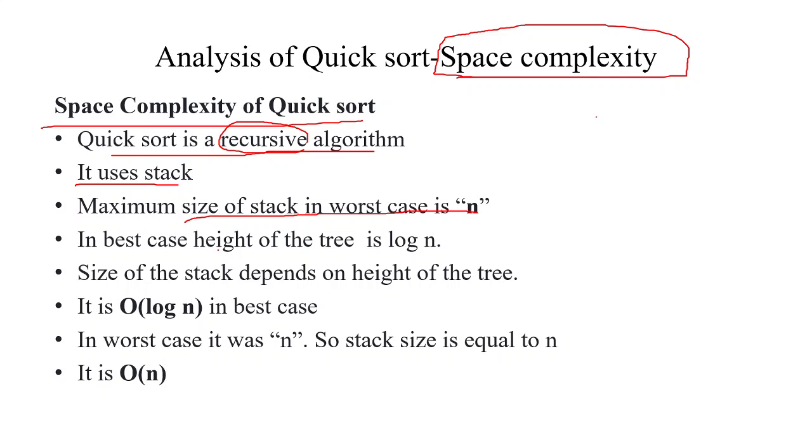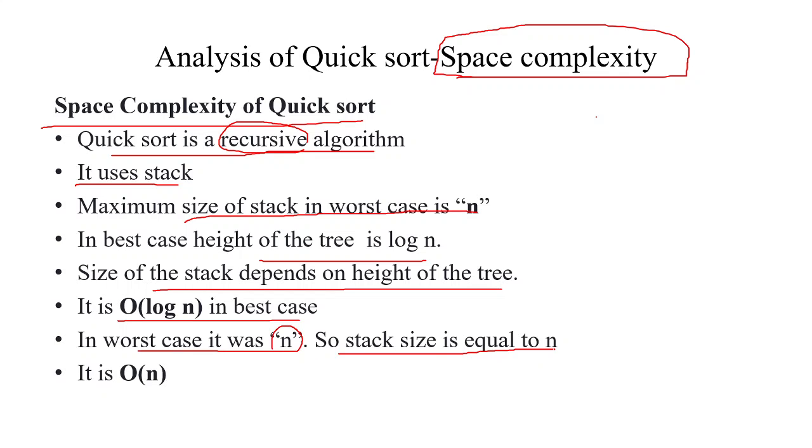In the best case, the height of the tree is log n, and the size of the stack depends on the height of the tree. So it is big O of log n in the best case, and in the worst case the stack size is equal to n. So the space complexity of quicksort is big O of n in the worst case.